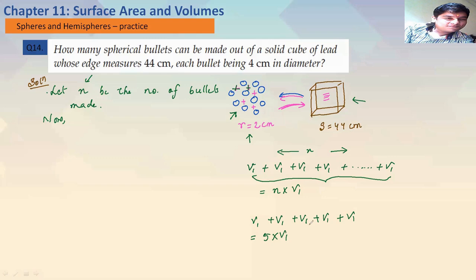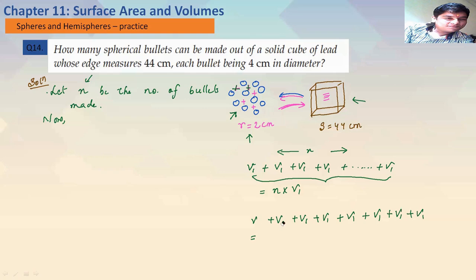Any doubts? If there were 8 such V1s here, how can you write this in compact form? There are 8 V's, and you are adding them.